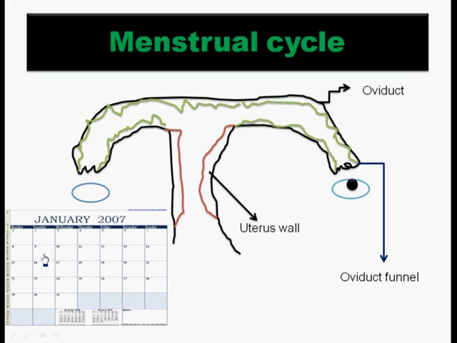For the next 5 days, the woman will experience the passing of blood, or the tissue. The uterus wall is basically blood clot, which is really blood. So she will experience that period, cramps, etc., for 5 days.